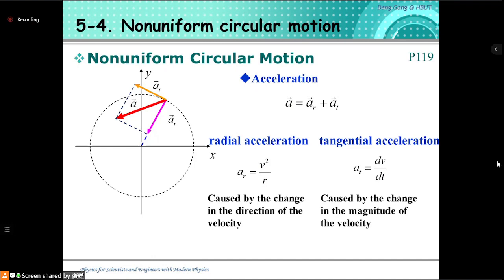There's no arrow here, which means it's not a vector. It's the change of the magnitude of the velocity. Together they give the total acceleration, and the direction of the acceleration is neither radial nor tangential. It depends on the other two, but neither of these two is the direction of the total acceleration.